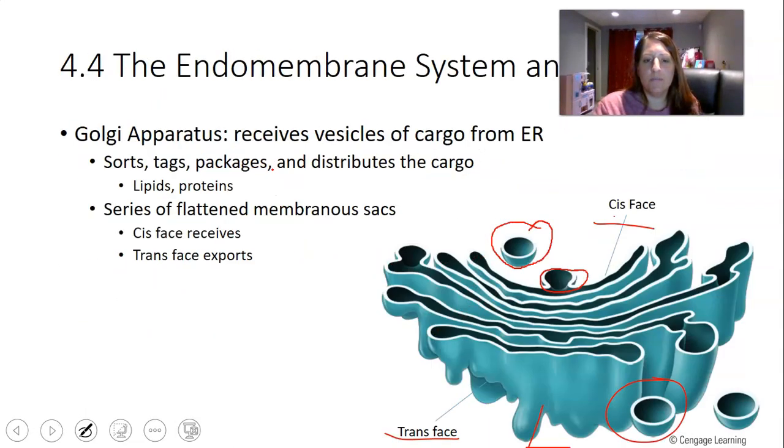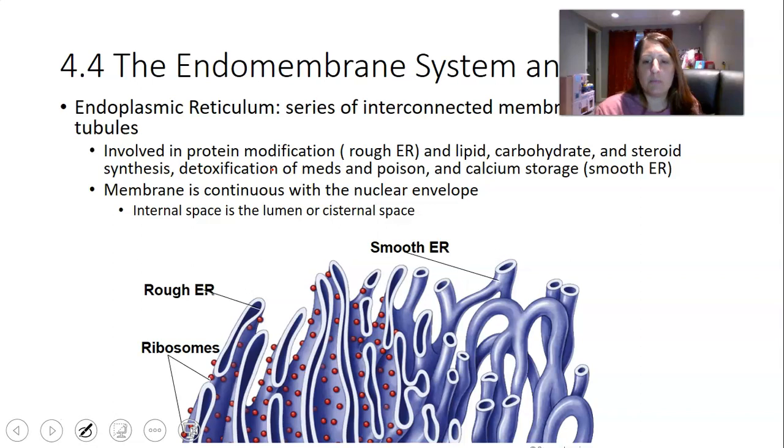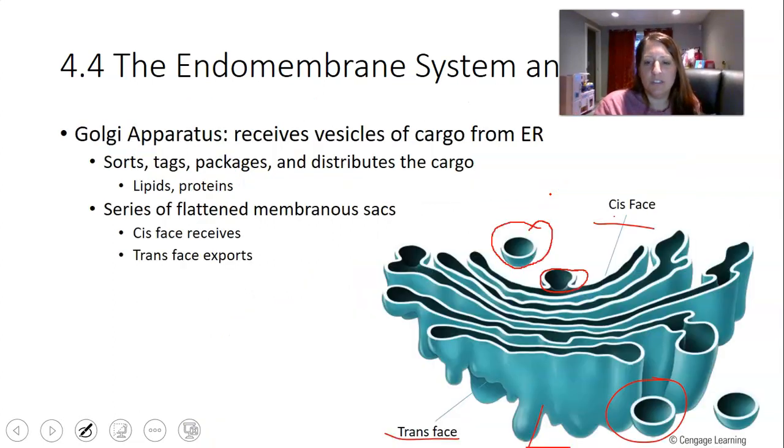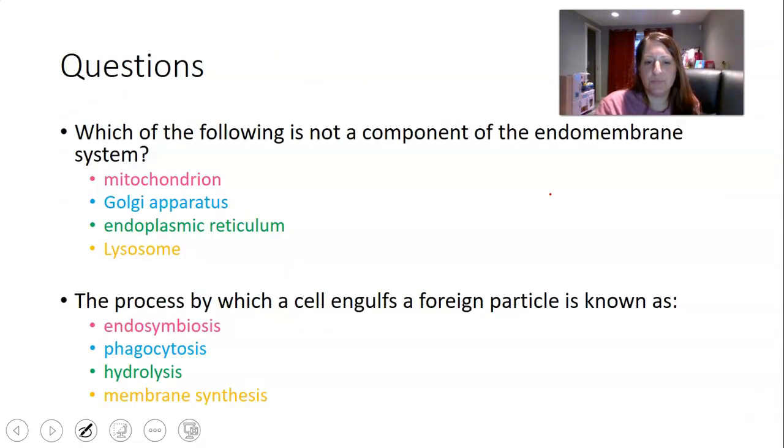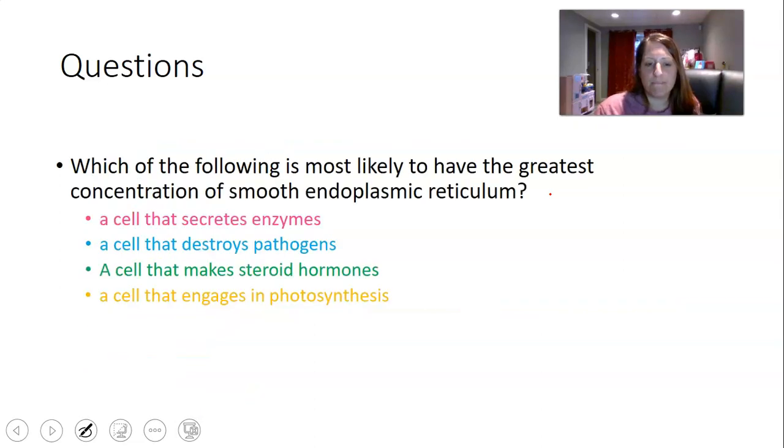I'll clue you in. We said that the smooth ER is responsible for lipid, carbohydrate, and steroid synthesis, detoxification, and calcium storage. Hopefully you answered green. It would be a cell that makes steroid hormones.